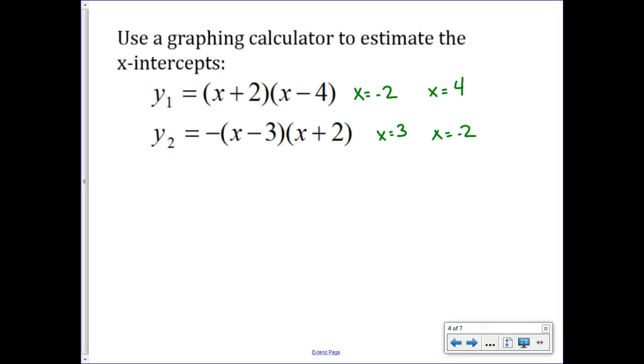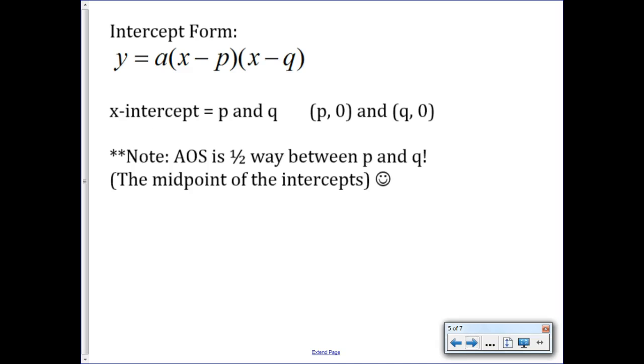So hopefully you notice the pattern there. This is leading us into our third form, intercept form. So intercept form looks like that equation that you see up there, y equals a, and then parentheses x minus p, parentheses x minus q.